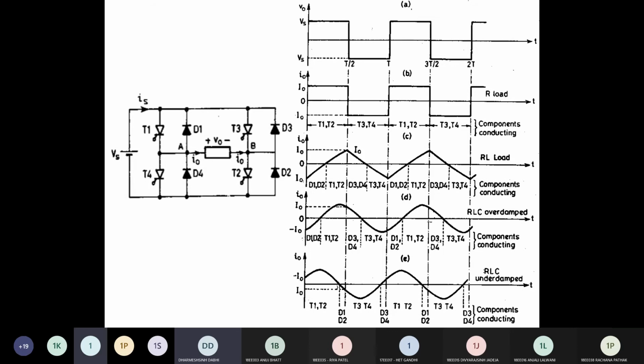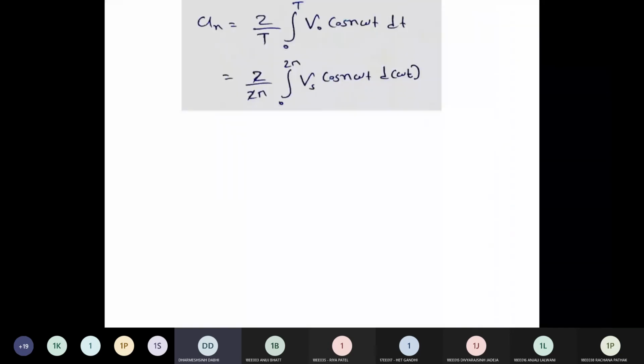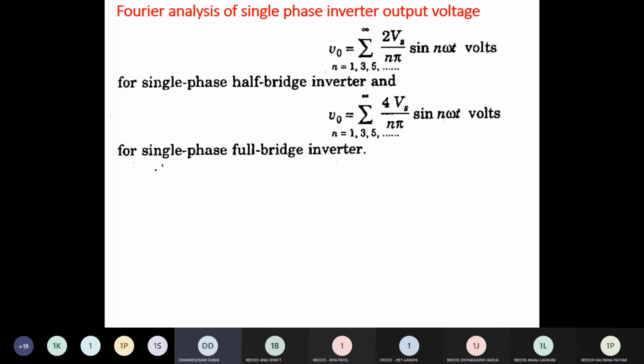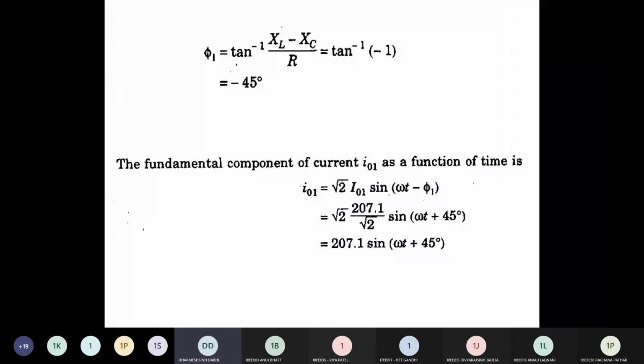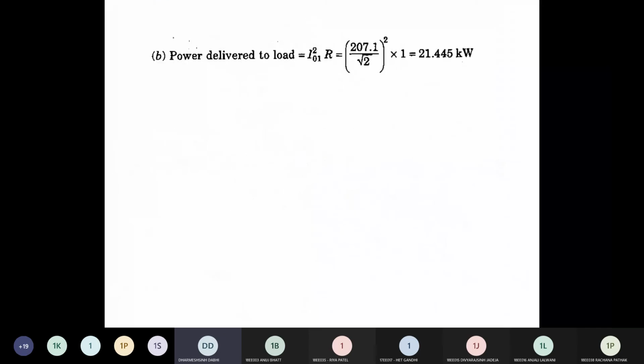Yes, sir. Okay. So here we calculate only the angle. Now convert this angle into time. So diode conducts for 67 degrees and thyristor conducts for 180 minus 67.